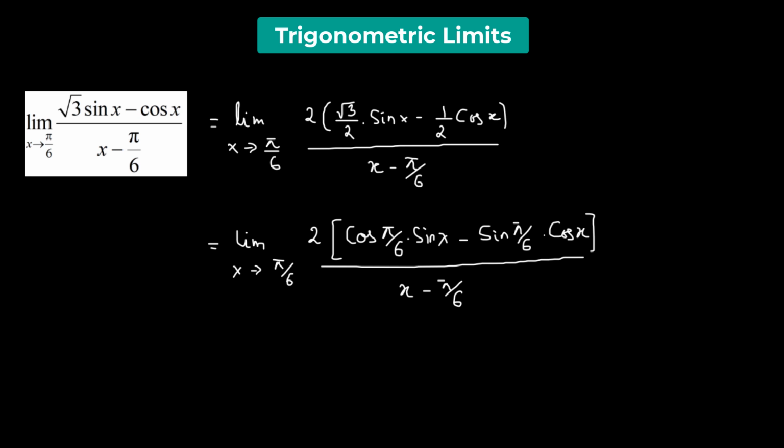Now the numerator is of the form sine a cos b minus cos a sine b. So this is equal to sine of a minus b.